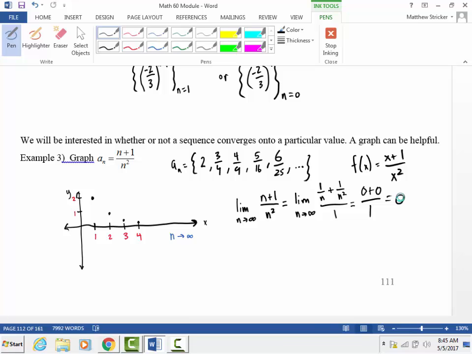As the number of terms approaches infinity, the values of those terms must approach not 0, just some value. In this case it was 0, but as n approaches infinity, if the terms in the sequence approach one number, that means the limit exists, or that the sequence is, what do we call it? Convergent.